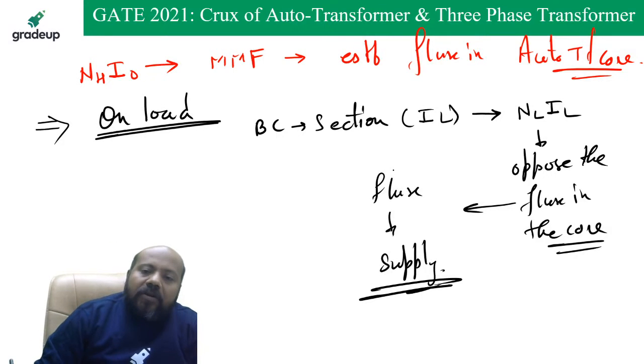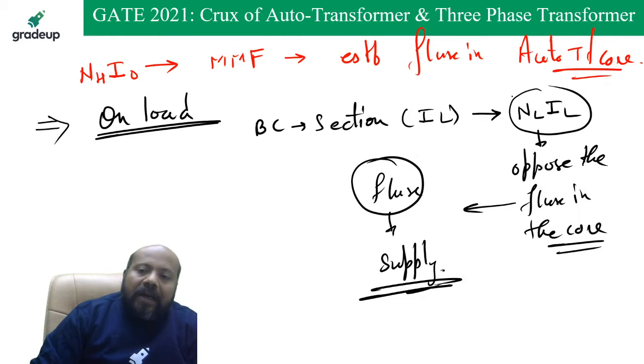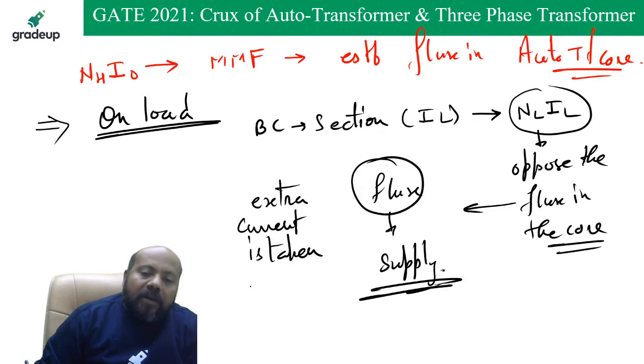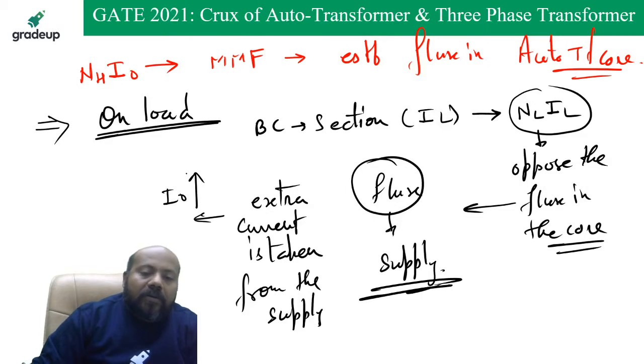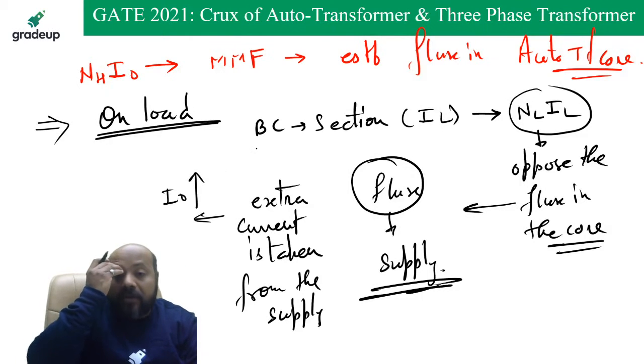It means flux is not going to change. Instead, to neutralize this MMF, extra current is taken from the supply. So the current is going to increase from I naught to some higher value depending upon the load you have connected.